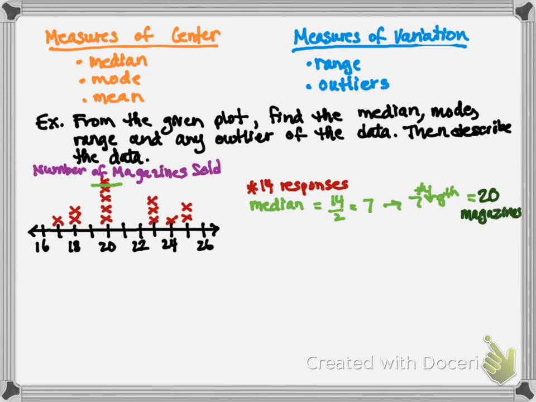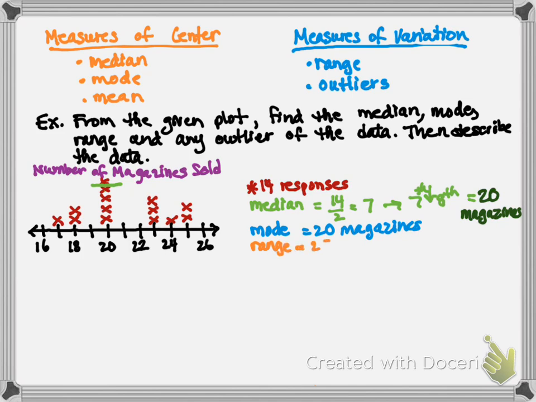Okay. Then we're going to find the mode, and guess what? Mode is the same, because it's the tallest of the bars, so to speak. So that's also 20 magazines. We were asked to figure out the range.